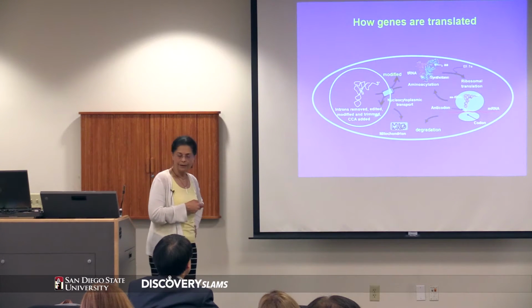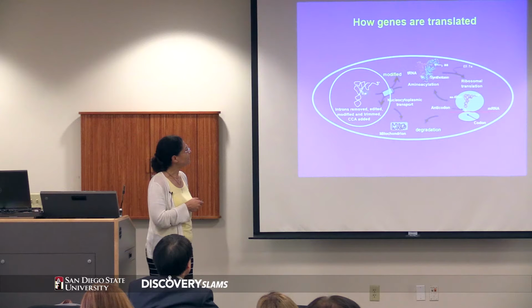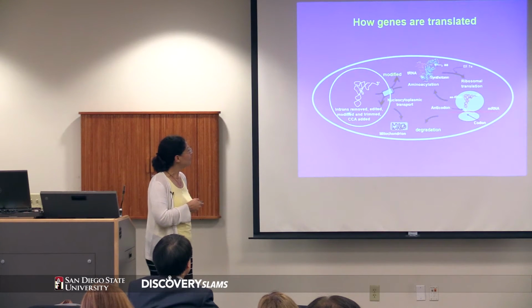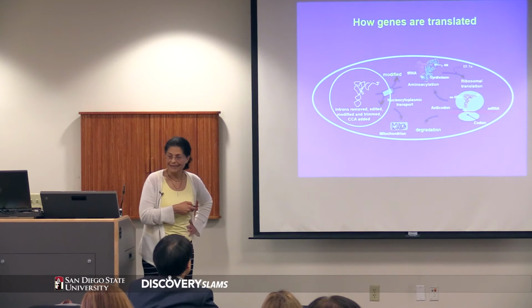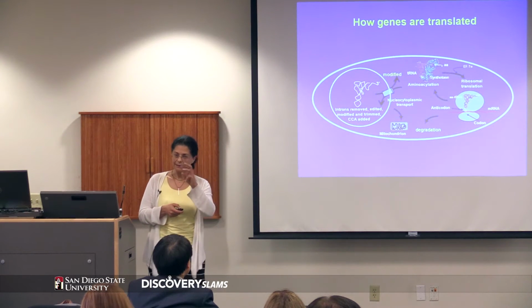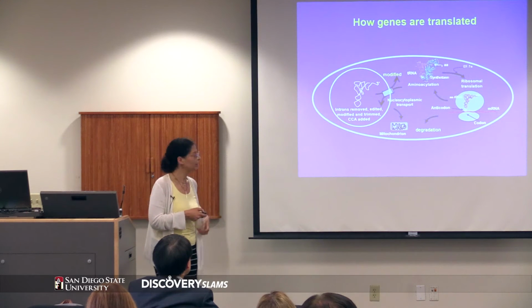We call them introns. They get removed. Then it gets edited, meaning some of its nucleotides get swapped with something else. Then it gets modified, and it gets trimmed at the 3' and 5' ends, the tips of it. Then the tip at the 3' end gets a CCA added to it, that triplet that is necessary for its charging or loading with amino acid.